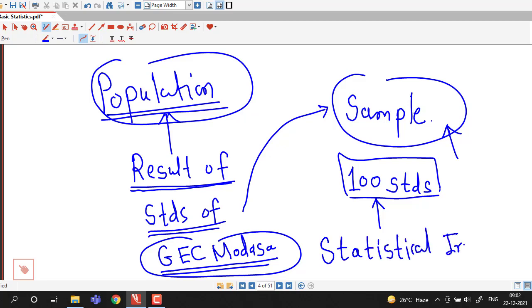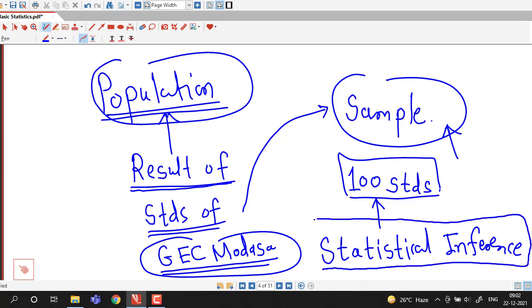We draw a sample and we infer about the result of students. Statistical inference is something we are going to discuss after completing this topic, basic statistics. So from now onwards we must be clear about population and sample.